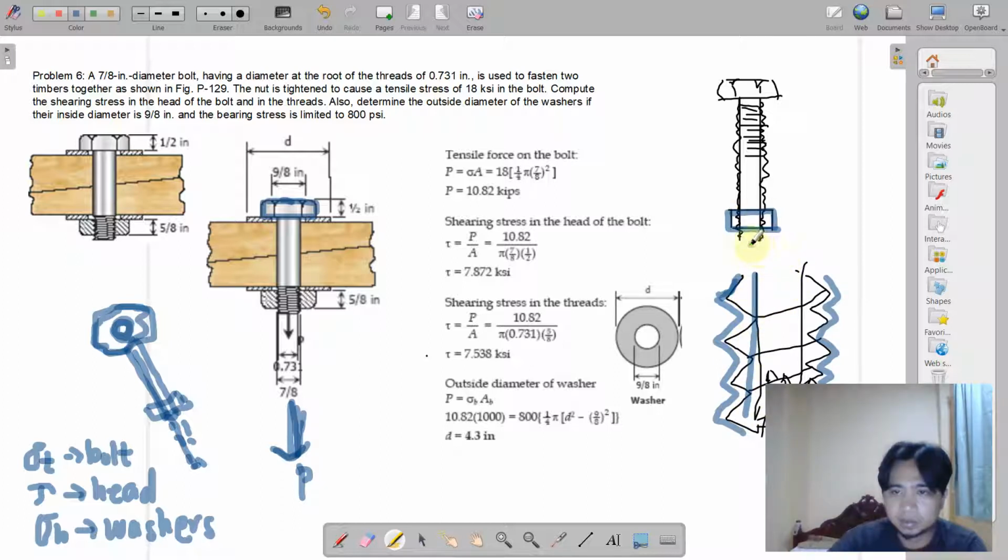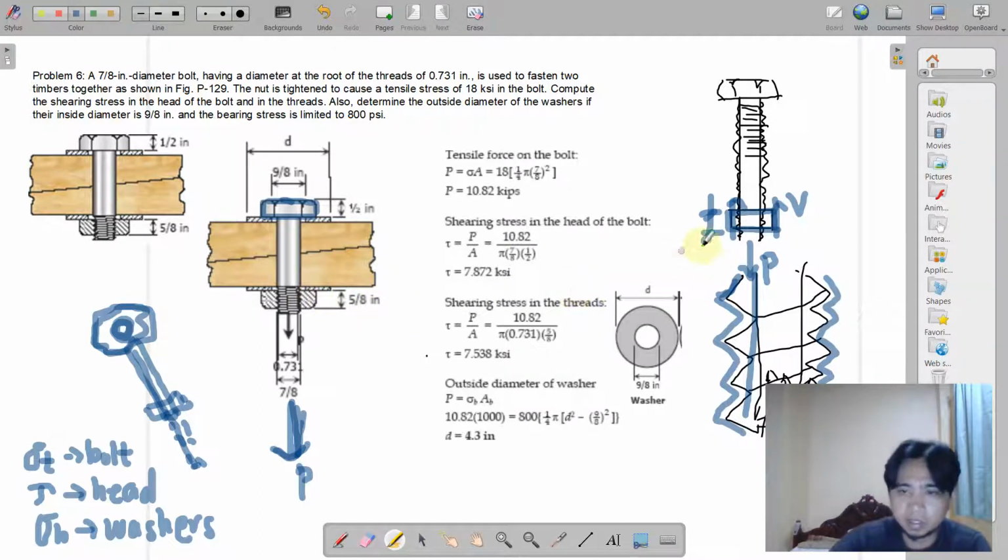Okay, so basically this P could also cause a shearing that is distributed around this tooth of the bolt. Say V is the shearing that is surrounding the tooth of the thread on the thickness of the nut.